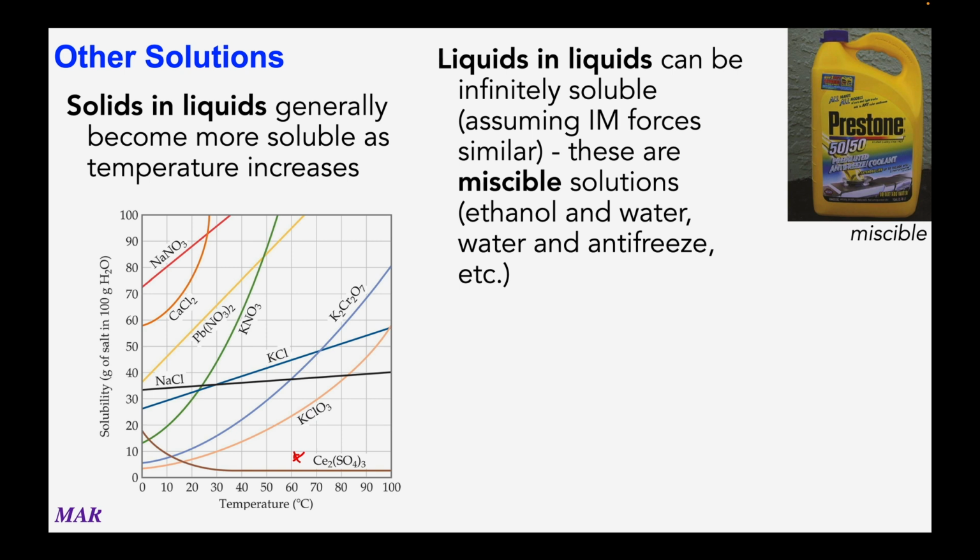It's usually used for liquids. And if they have similar intermolecular forces, they should just dissolve as long as you can. There are lots of examples of this. If your car has a radiator, it probably has some kind of antifreeze in it, and that antifreeze is essentially a hydrogen bonded species that dissolves well in water. You can pump that up as long as you want, no problem.